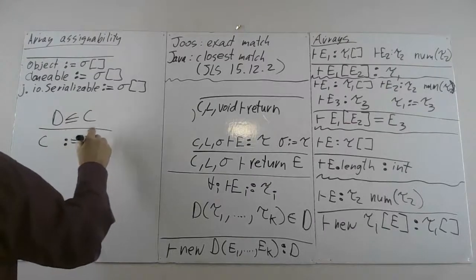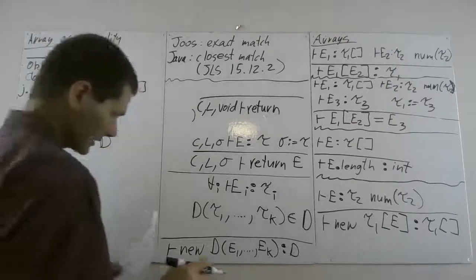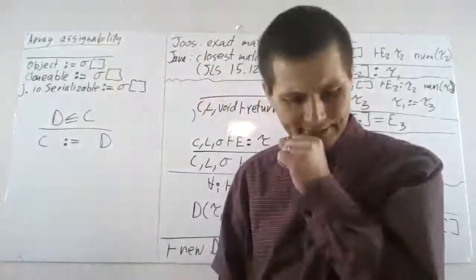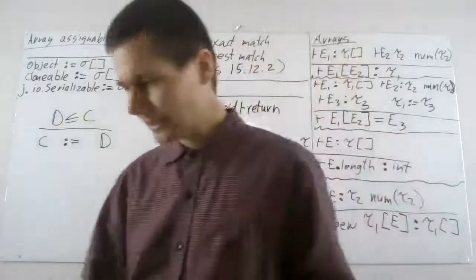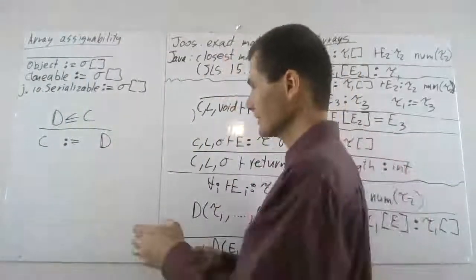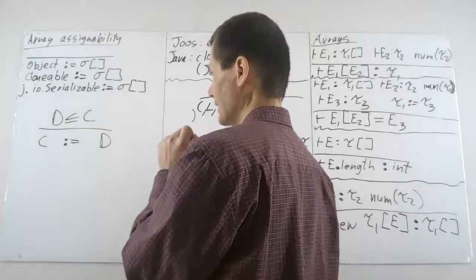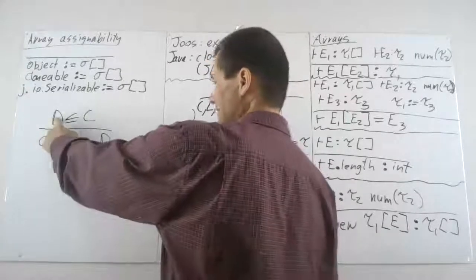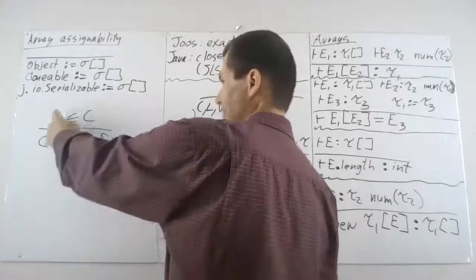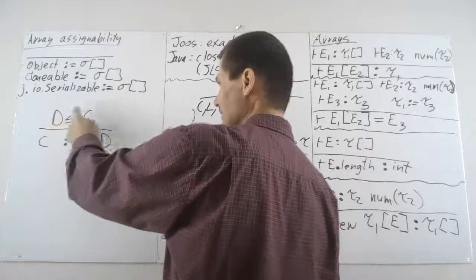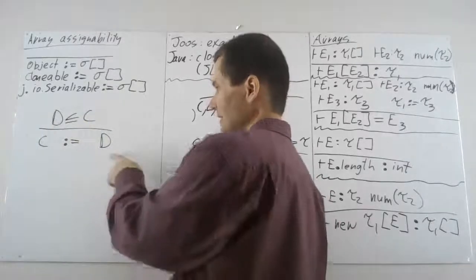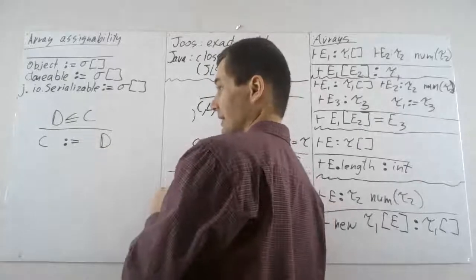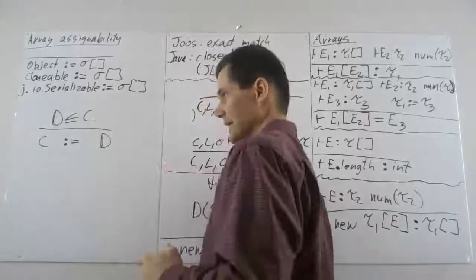Back then I said that if I have two class types, and D is a subclass of C, then that means every object of class D is also an object of class C. So then I'm allowed to assign from an expression of class D to an expression of class C, right?